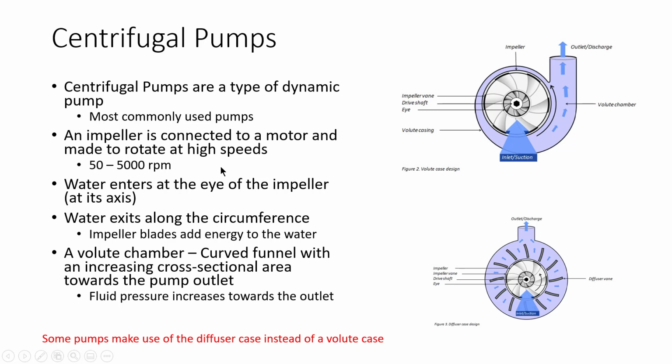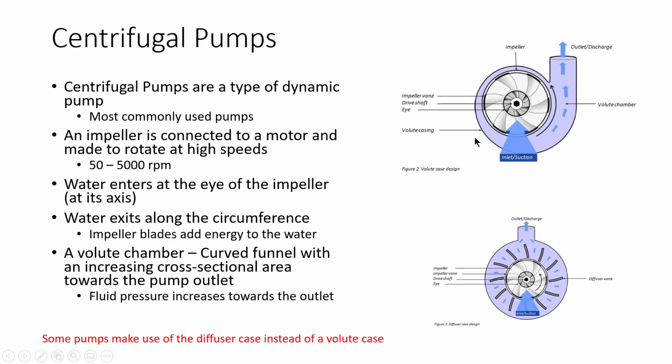Of course, the speed of that impeller is an indication of how much energy we are going to supply to the pump. And of course, the diameter of the impeller also plays an important role in supplying that energy to the pump. So the water enters in an axis perpendicular to the impeller, due to suction, and then it acquires energy from that impeller and then flows out.